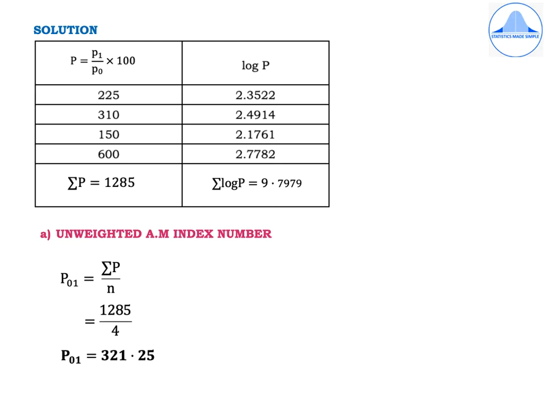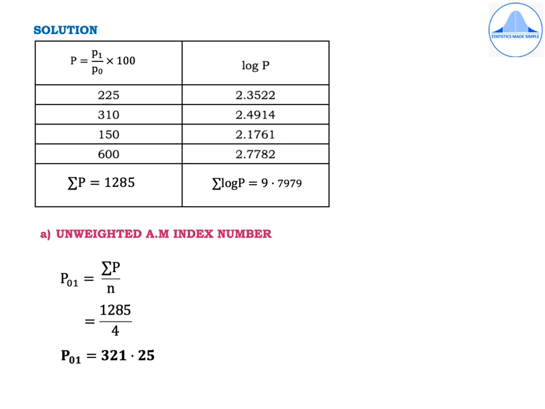Always keep in mind that you have to take 4 places after the decimal after rounding off. So when you find out summation log P, you will get the total as 9.7979, which will be used in the calculation of unweighted geometric mean index number.